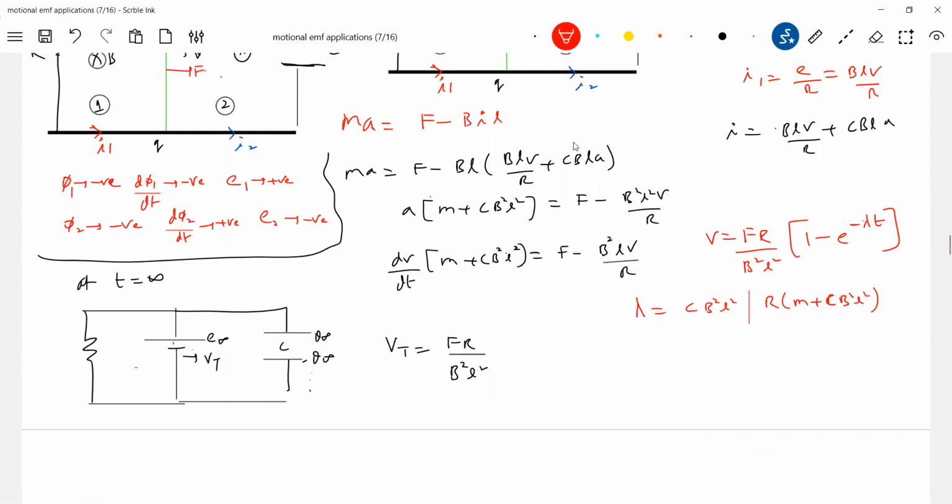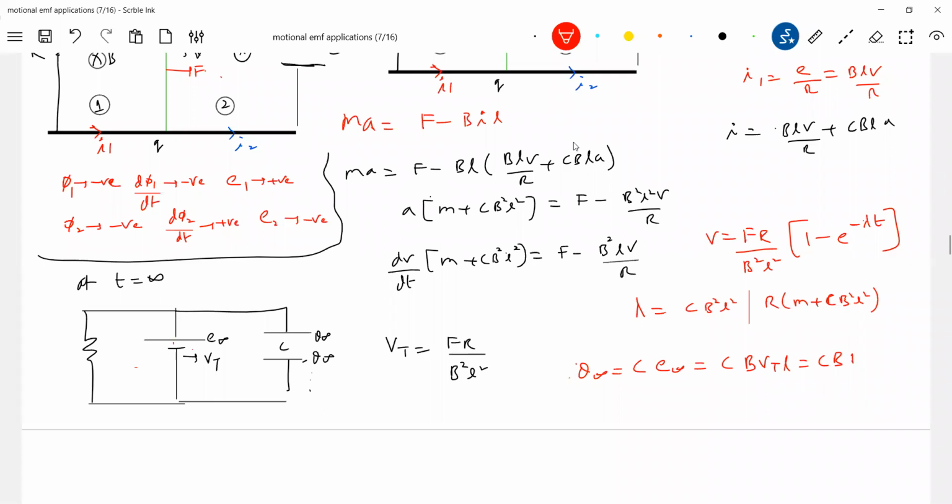Okay, so how to calculate this Q infinity? Q infinity should be equal to C into E infinity. What is E infinity? B VT L. And what is VT? This one. Substitute this.